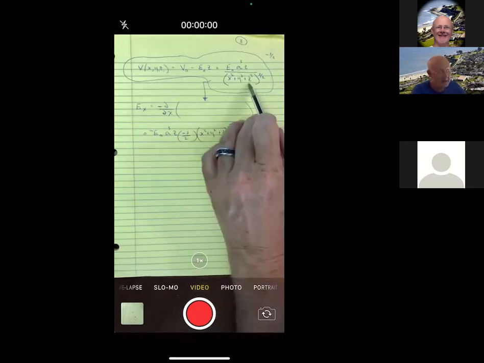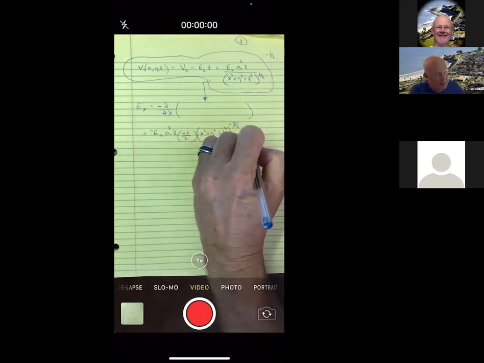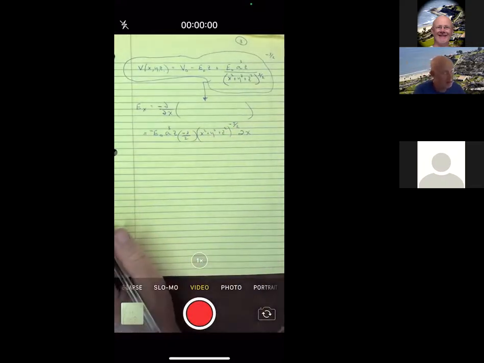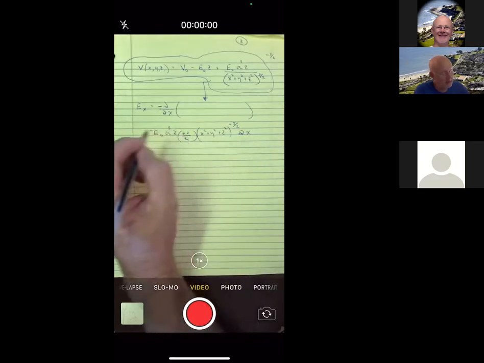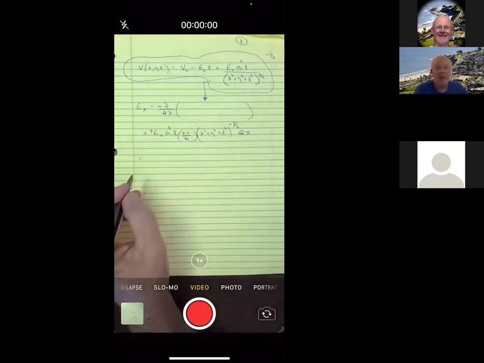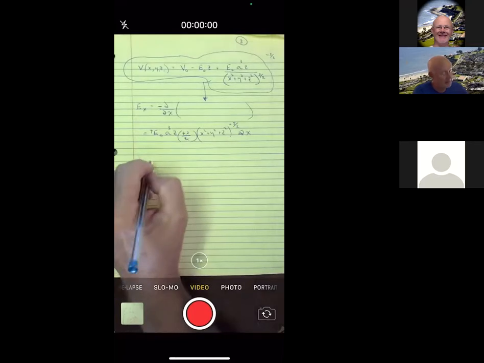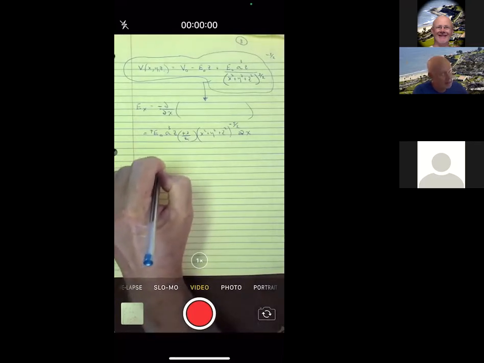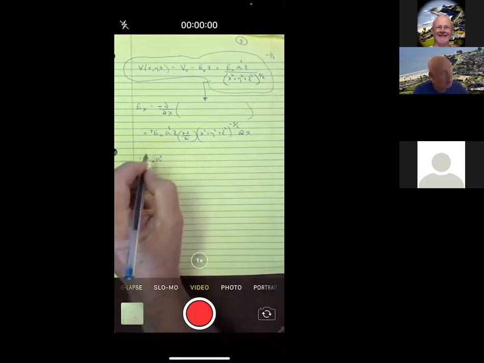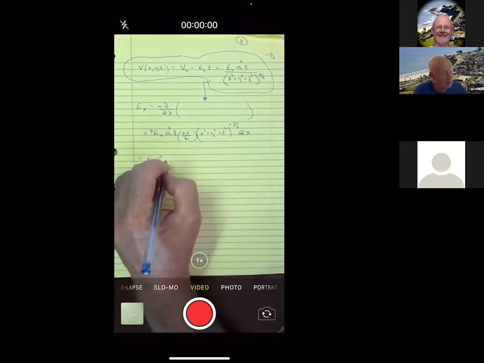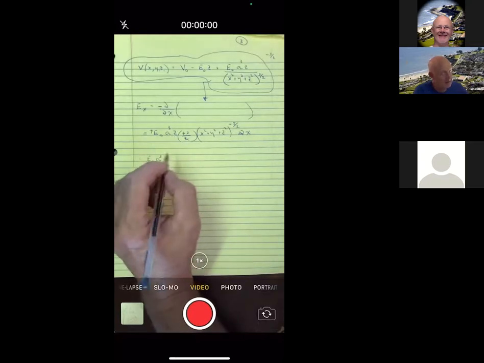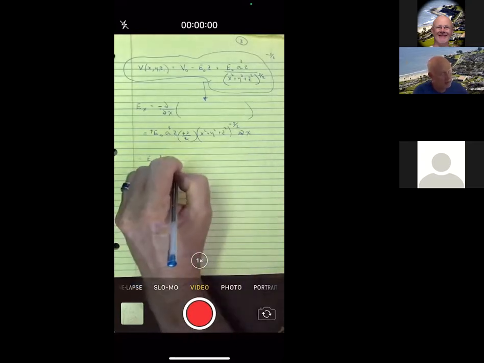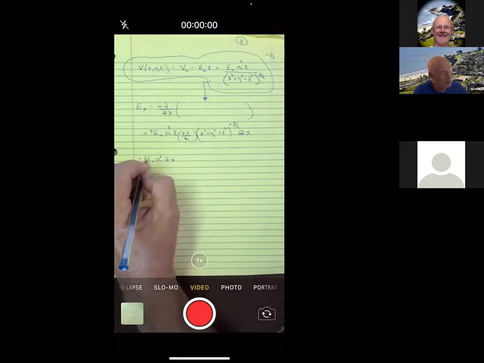Then I have to take the derivative of the inside piece, and that's a 2x. So it looks like the 2's would cancel and the negatives would cancel. And so we got E naught A cubed Z times 3.